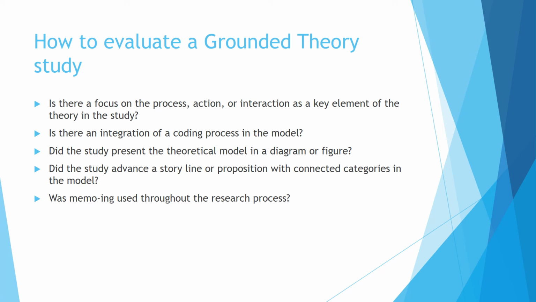Those are pretty important when you're trying to get your points across. Did the study advance a storyline or a proposition that connected those categories of your model? And did you use memoing throughout the research process? And we talked about memoing a couple of modules back.